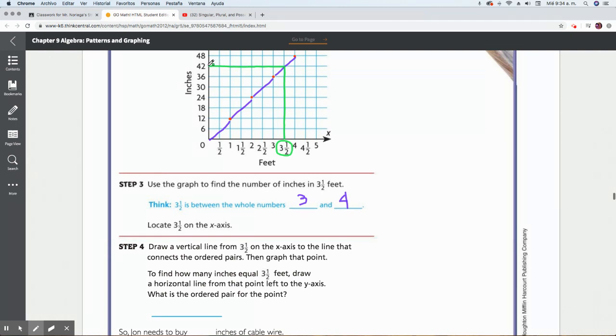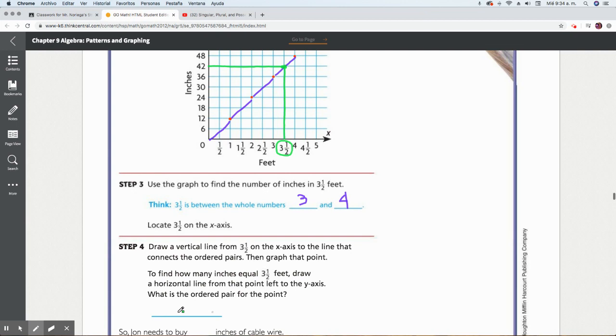What is the ordered pair for the point? Okay, so what would the ordered pair for this point be? Again, the first number from my ordered pair would be the number on the x-axis, which is 3 and 1/2.